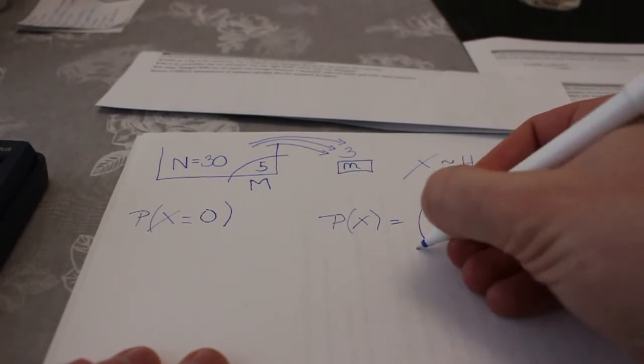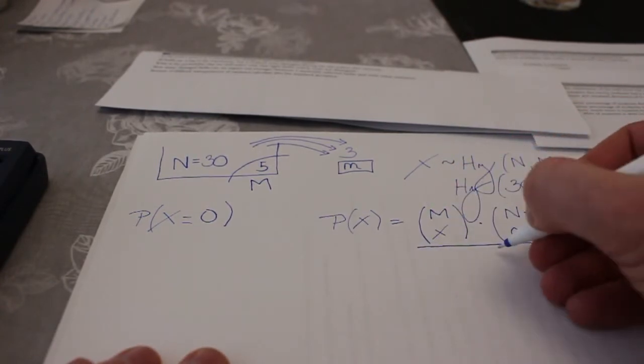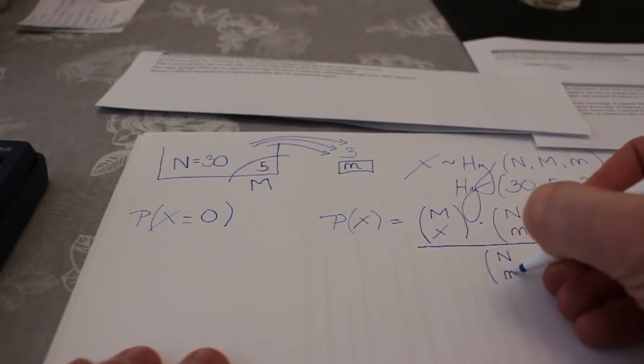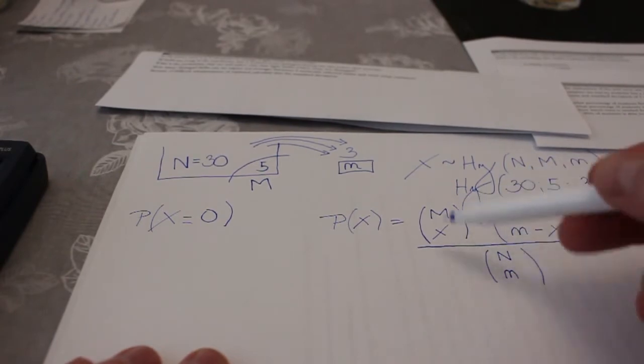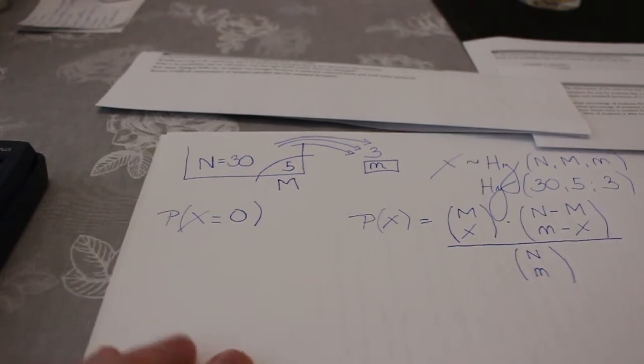And there is division, and the third combination number is in the denominator. There is capital N above small n. So you can see it's just multiplication and division of three combination numbers, nothing more.